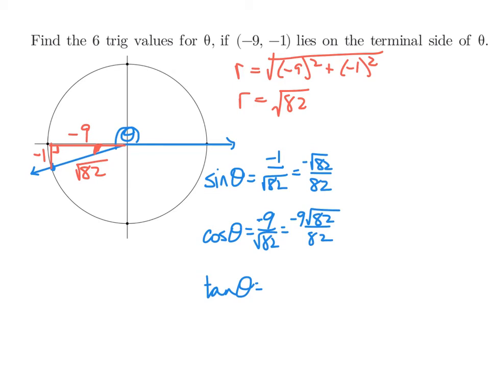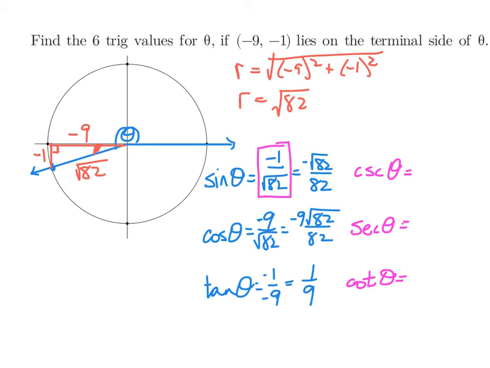And for tangent, it's opposite over adjacent. And of course, negative over negative is positive. Then when I look for their reciprocal identities, I'm not going to use that last fraction that I made, but actually the first fraction. Because when I take the reciprocal of negative 1 over square root of 82, I'm left with negative square root of 82.